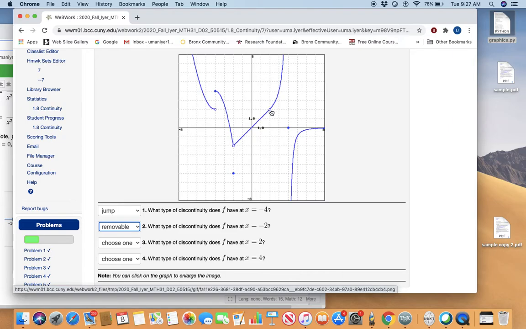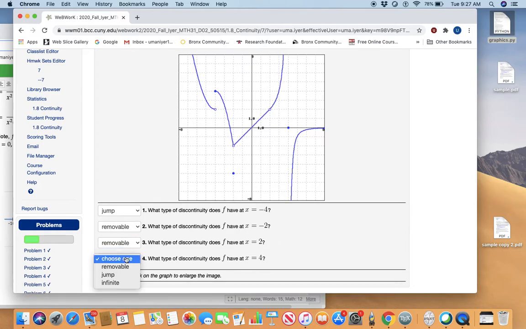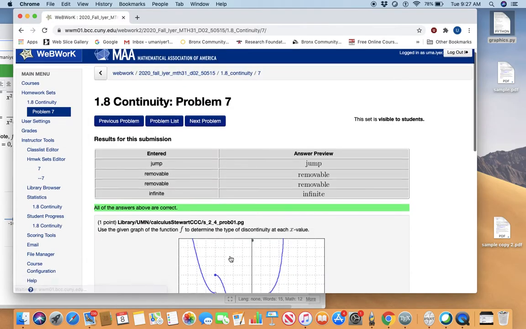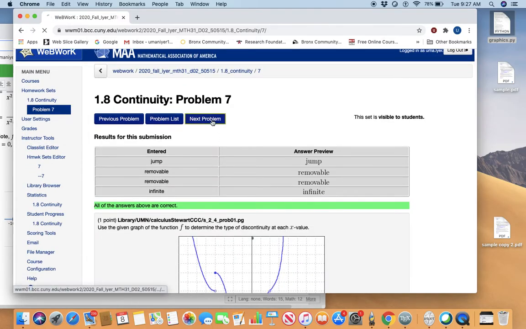If we could just fill that point, it would work. So that's a removable discontinuity. And x equals 4, well, it's a very bad discontinuity. See, from here it's going to positive infinity, negative infinity. So this is an infinite discontinuity. All right, next problem.